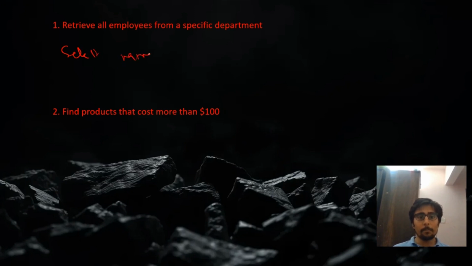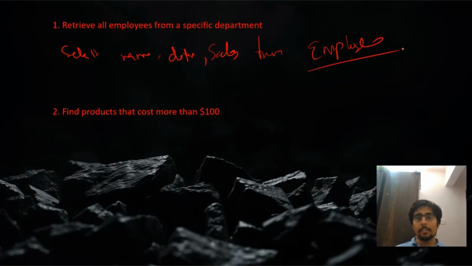Let's say we have name, what else can we have? Let's say department, and let's say salary. So basically we have this kind of records in the table. We might have ID as well, and so many things we can have. Let's say the table name is employee table. Our table name is employee, right? From employee, and what all conditions we have to give? Where?